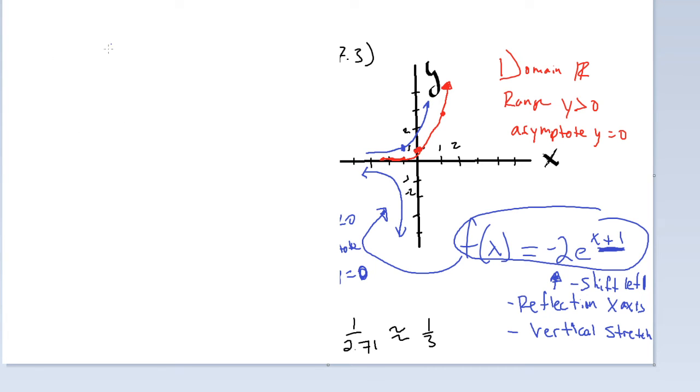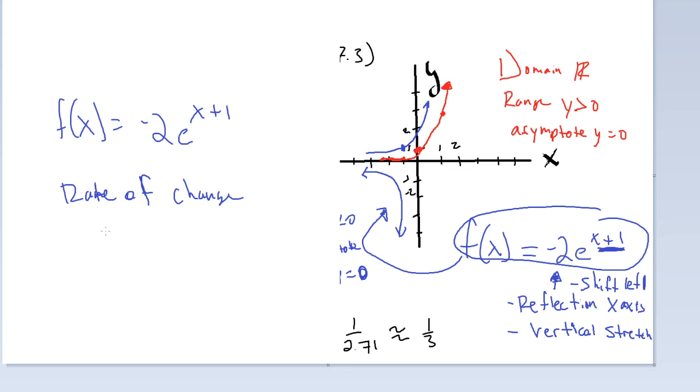Let's do f of x equals negative 2 e to the x plus 1. But this time I want the rate of change from, let's say, negative 1 to 0. Okay, I want the rate of change from negative 1 to 0.